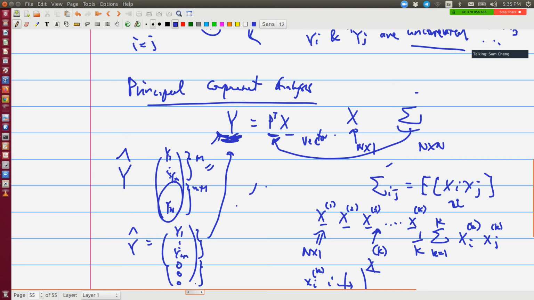Because when I set it to 0, eventually it's the same as ignoring all those components. For the first m dimensions, we consider the values there, the projection up to this m dimension. But for the rest, I don't care about the values, therefore I set them to 0.